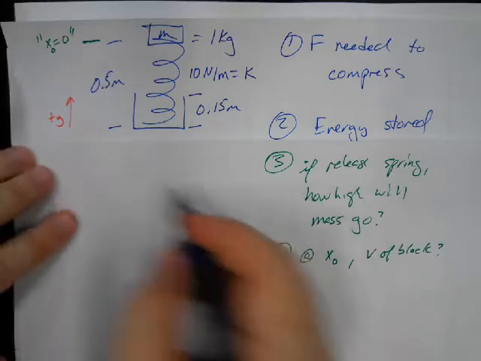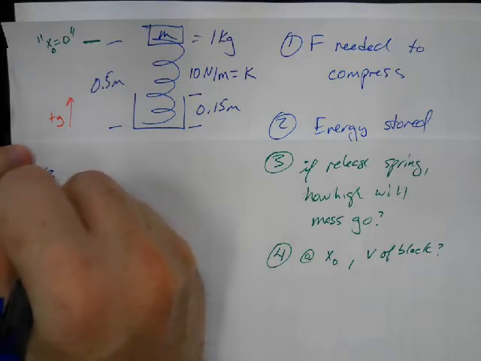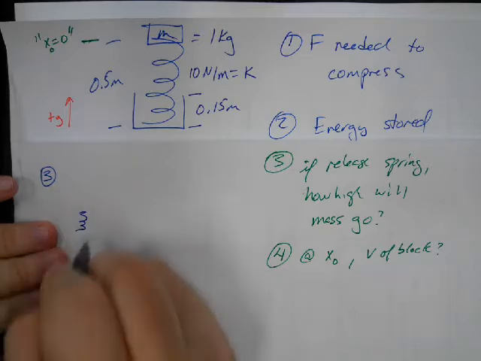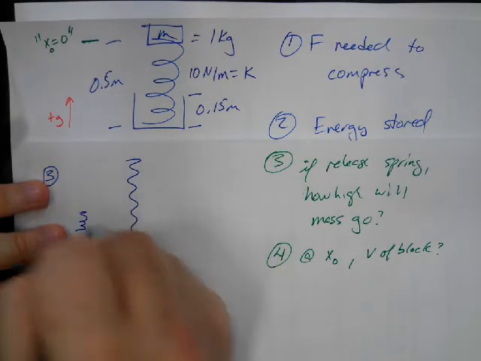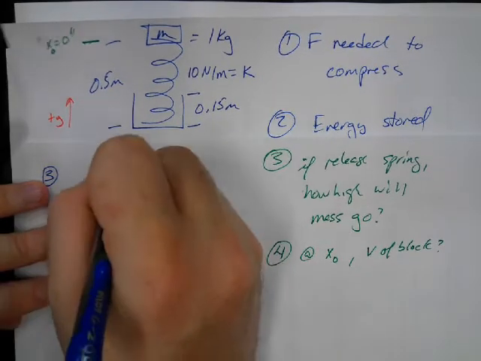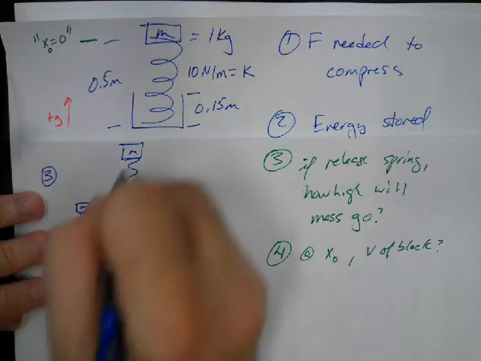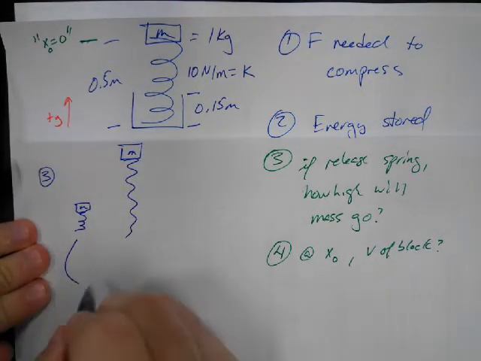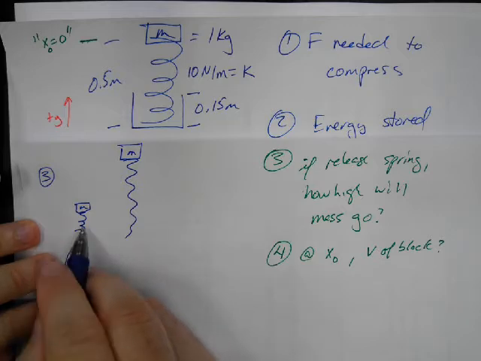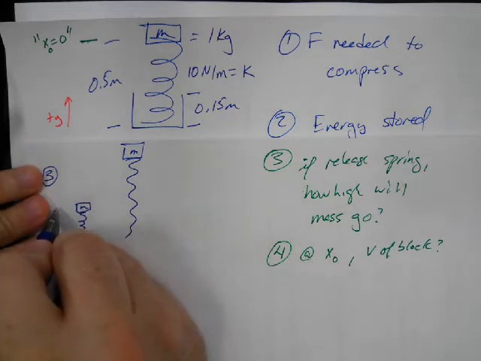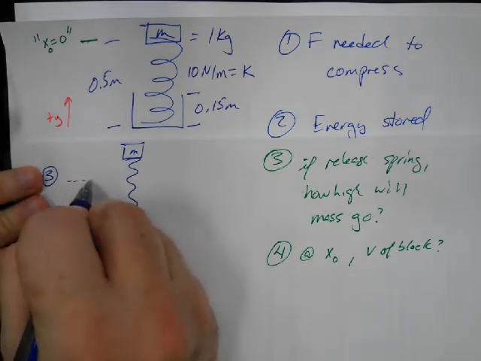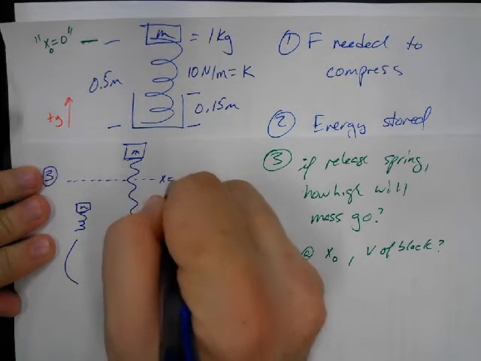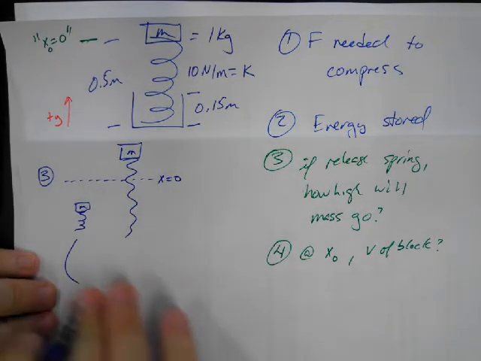For 3, if we release the spring, we're going between 2 different states. We have one state that's all compressed and one state that's all stretched out, and the mass is moving upwards. So let's make the natural length of the spring x is 0. That's our origin.